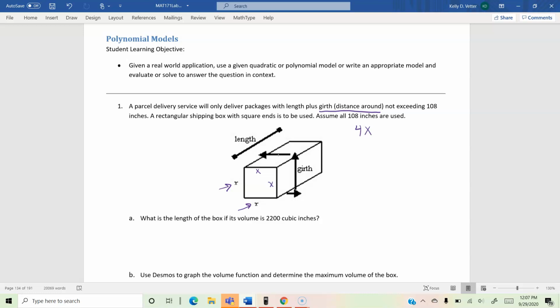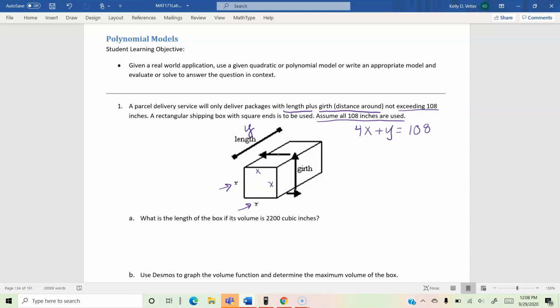And then it also talks about the length plus the girth. It cannot exceed 108 inches, okay? So if we call our length y, then that means 4x plus y must equal 108, or you can think about it as being less than 108, but in this particular situation, they do say assume all 108 inches are used, so it would be appropriate to put the equal sign.